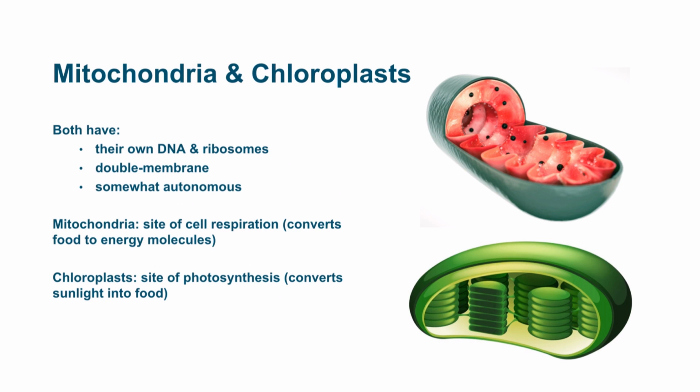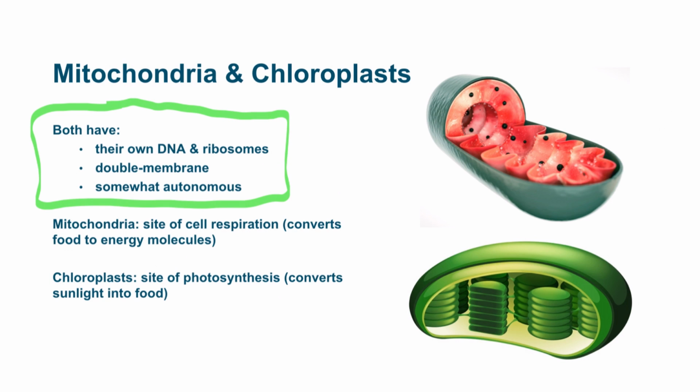Moving on to the mitochondria and the chloroplasts, we talk about these together because they have several things in common that suggest a common ancestry. Both mitochondria and chloroplasts have their own DNA and ribosomes. They have a double membrane. So there are actually two membranes here. There's one here and there's one here. And in the mitochondrion, it's a little harder to see, but there are two right there as well.